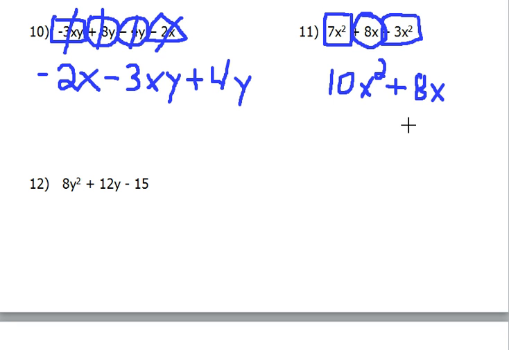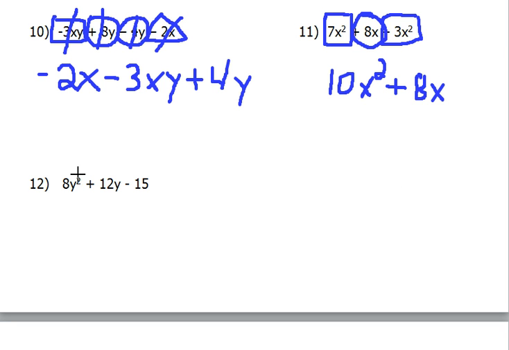Something else I need to bring up is that this exponent only belongs to this x here. It does not belong to the 10 at all. We're not squaring that number. It means whatever x is, once we figure out what x is, we're going to square it. But we are not solving equations yet, so we're not ready to do any of that. You would just leave that exponent exactly as it is.